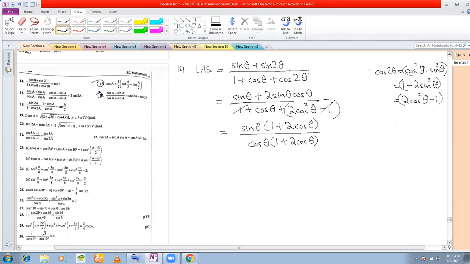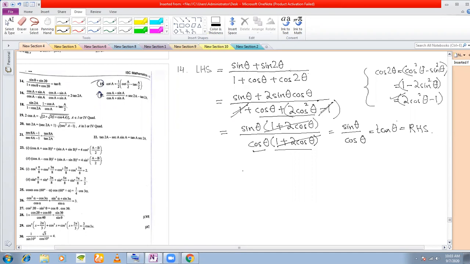All these three are formulas for cos 2 theta, but I use this form because the plus 1 and minus 1 were cancelling. Also, if I take cos theta common, I get cos theta into 1 plus 2 cos theta, which can later be cancelled to get only sine theta by cos theta, which is tan theta, which is what we had to prove, which is equal to your RHS.